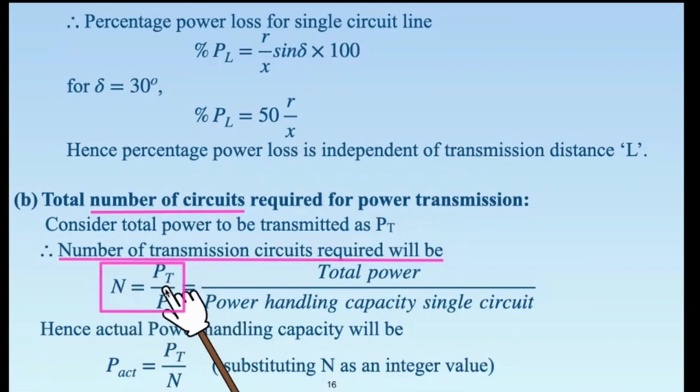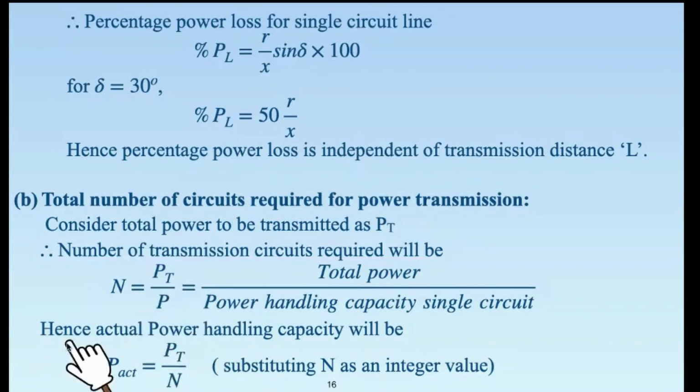So in that case, one additional calculation that will be required here is that the actual power handling capacity has to be evaluated, and that actual power handling capacity can be represented by the equation P actual. So let us say 650 by 250, you get 2.4. So number of circuits are not 2.4, number of circuits are 3.